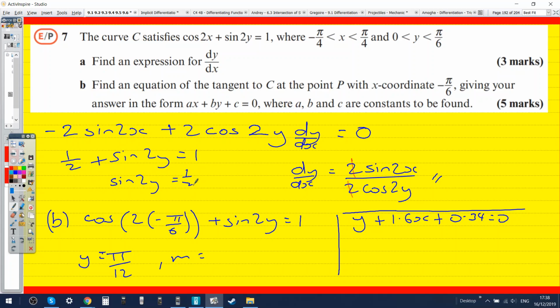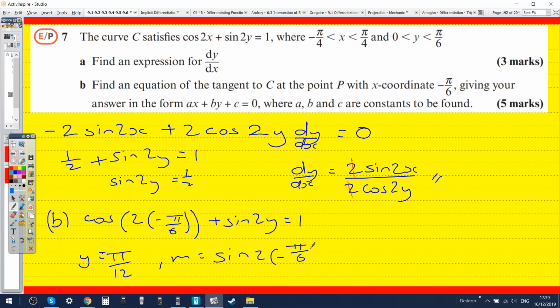So then you have to do sine of 2 times minus pi over 6, over cos of 2 times pi over 12, and then solve that.